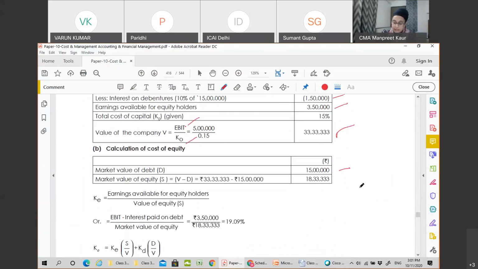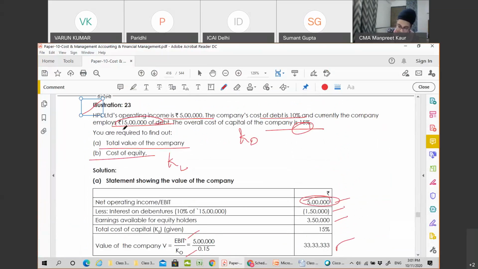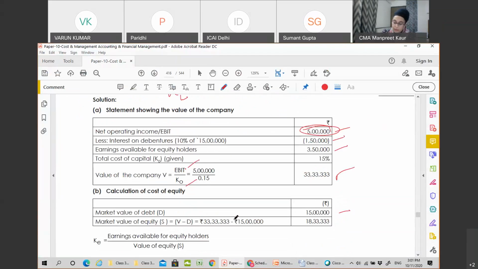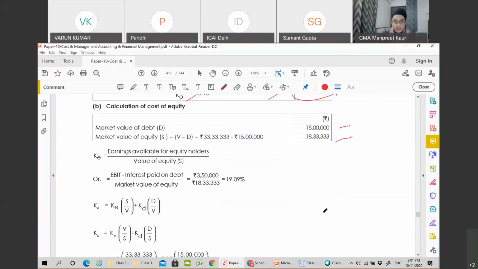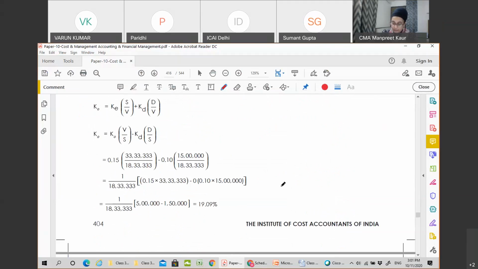Market value of the debt is given, that is 15 lakh. Market value of the firm is already given. Market value of equity is 18,33,333. And KE is equal to earnings available divided by value of equity, that is 19.09%.